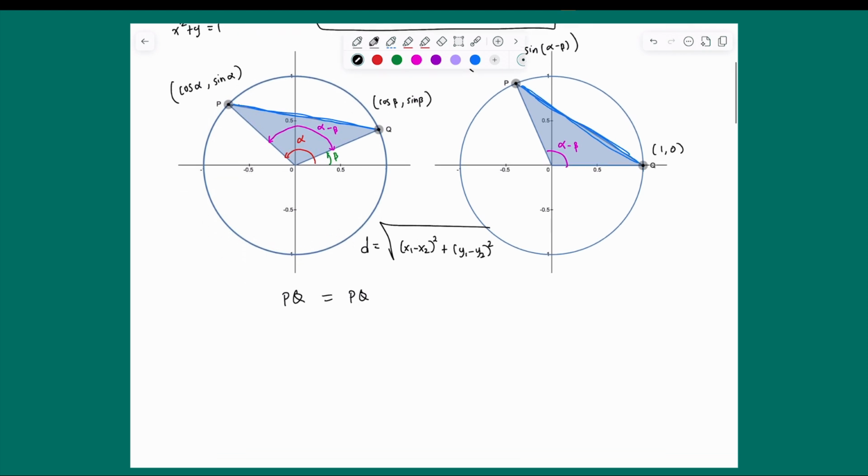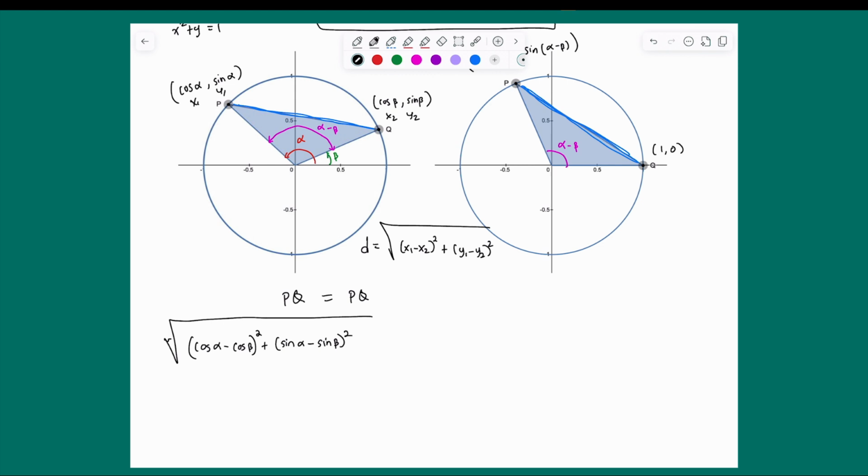So the length of PQ on the circle on the left, with coordinates x1, y1 and x2, y2, would be the square root of cosine alpha minus cosine beta, squared, plus sine alpha minus sine beta, squared.